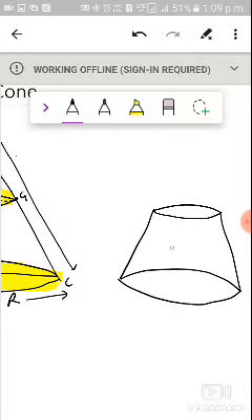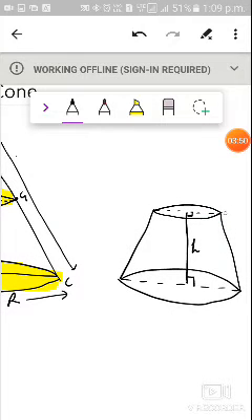So we have here two circular bases, one is the top base and one is the bottom one. This is the height of this frustum, let us say this is H, and this is the slant height of the frustum, let us say this is L. Here we have two radii.